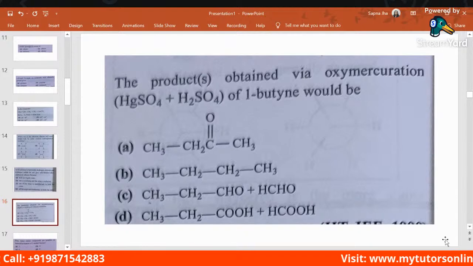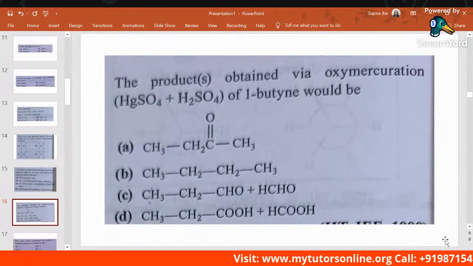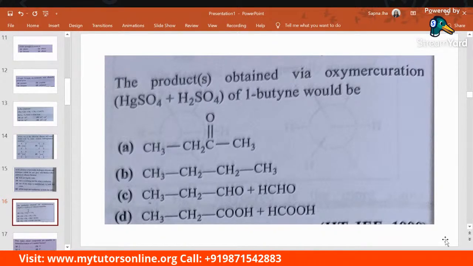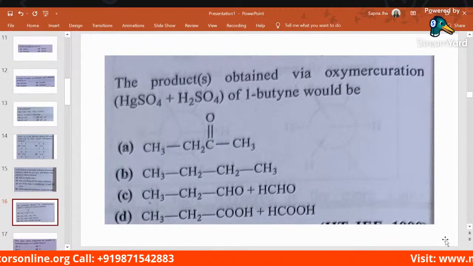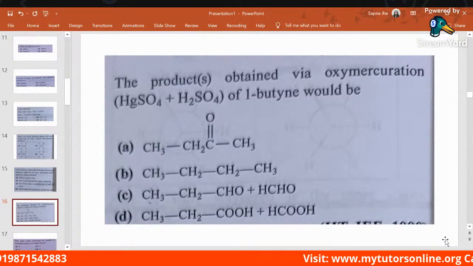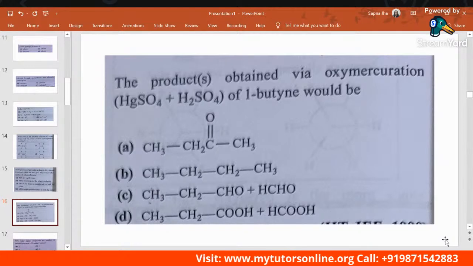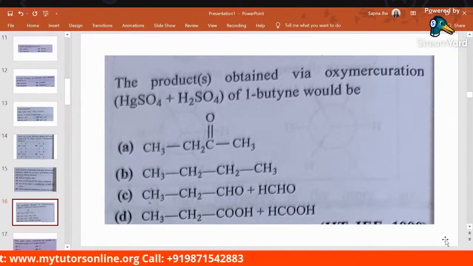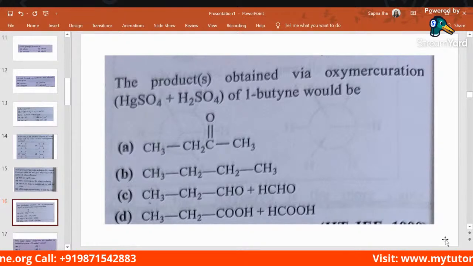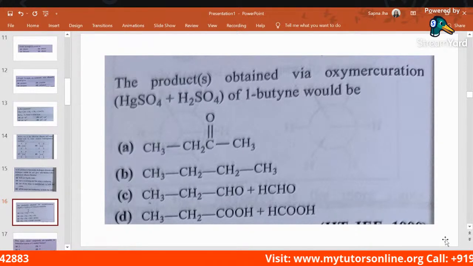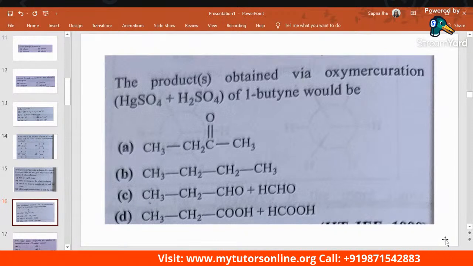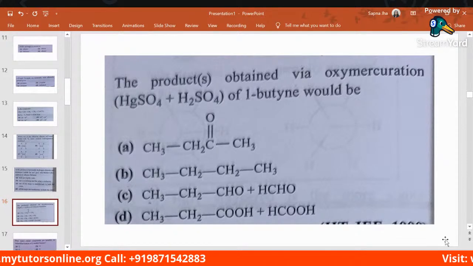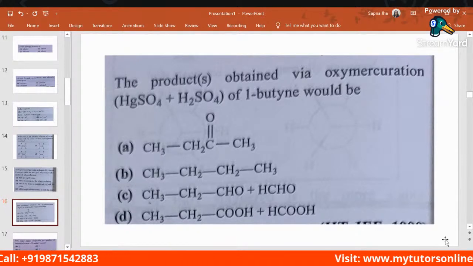the products obtained via oxymercuration, that is HgSO4 plus H2SO4, of 1-butene would be either of these. Yes, fast, fast.